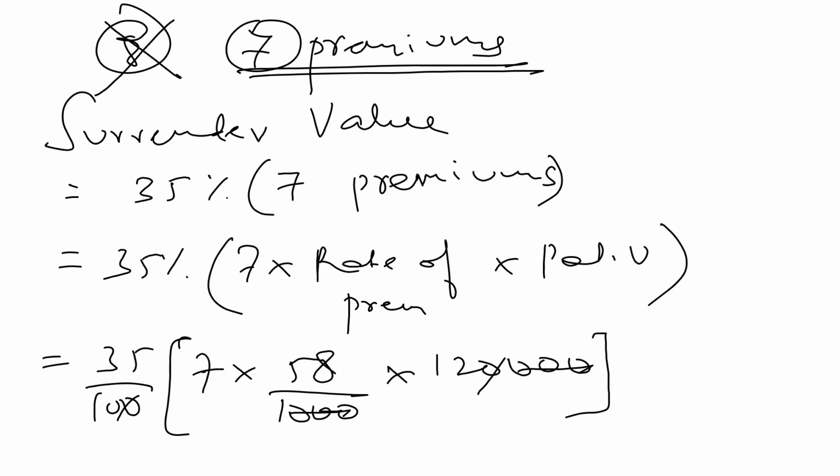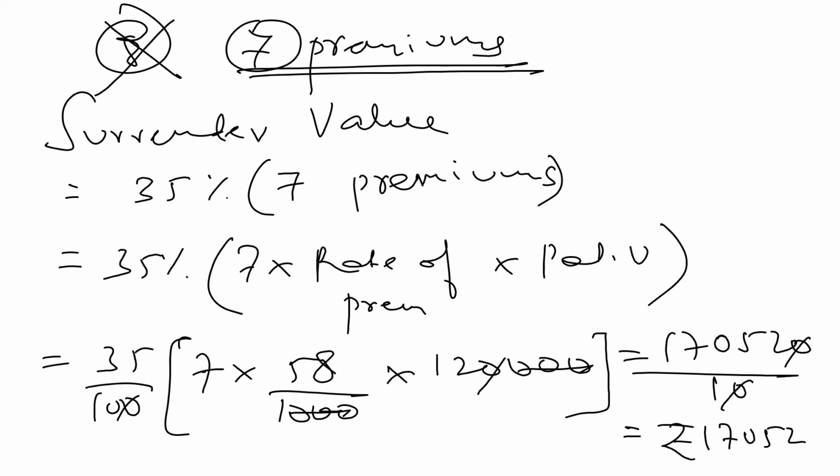I've got 170520 upon 10, so rupees 17052. This is what we have got as the surrender value. That completes the concept of insurance. All possible problems of insurance are covered now. Thank you.